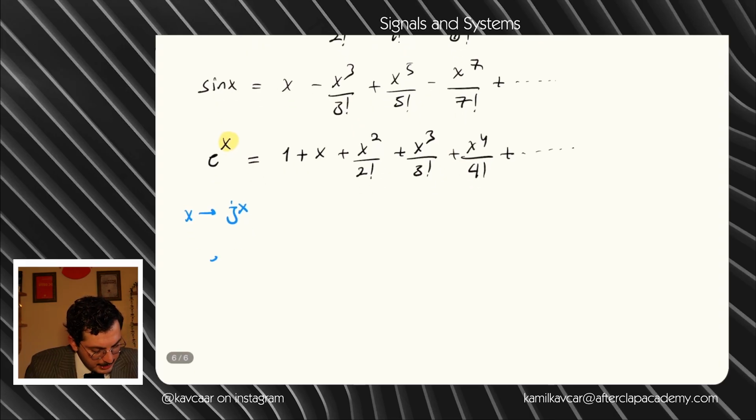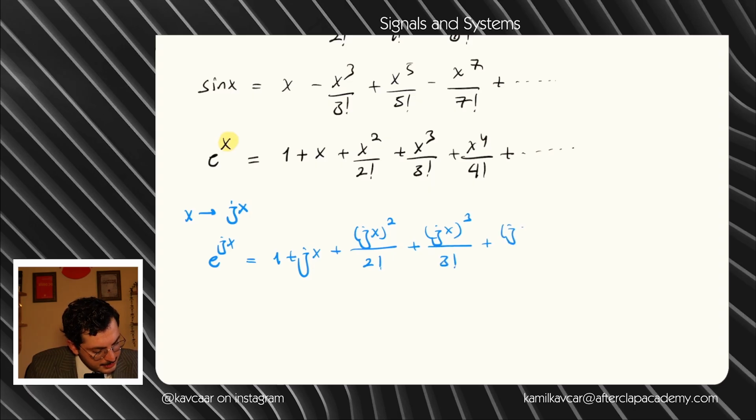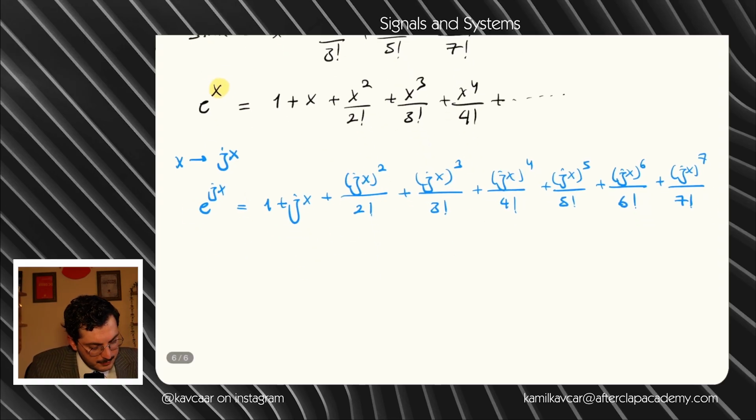So when we do it, we're going to have e to jx, which is going to be equal to 1 plus jx plus, this part is important, jx squared over 2 factorial plus jx cubed over 3 factorial plus jx to the 4 over 4 factorial plus jx to the 5 over 5 factorial plus, and I'm doing this one by one because I want to show you some magic, jx to the 7 over 7 factorial. This is what we have.